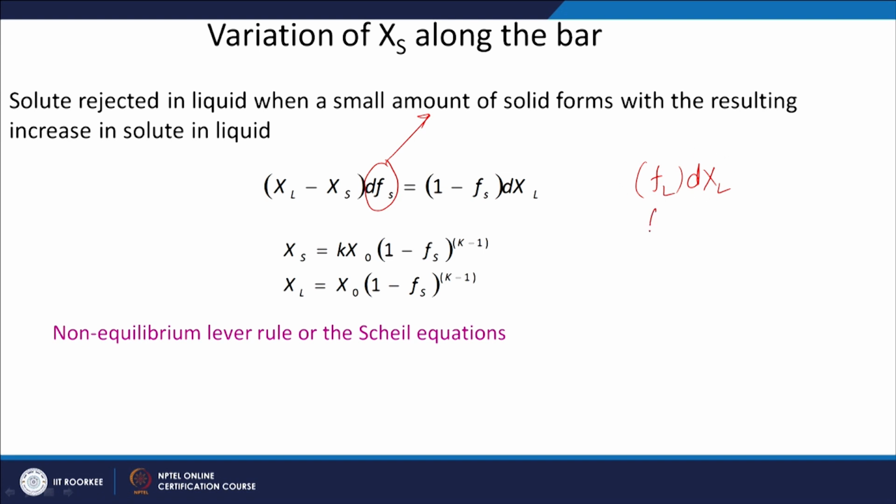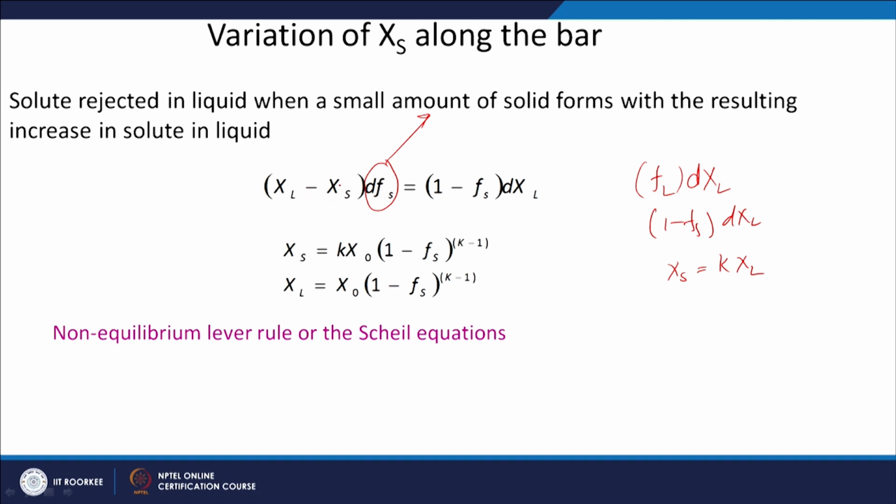So, FL I can write as 1 minus Fs dxl. Now if we do a little bit rearrangement here, XL or XS I can replace again here. For example, XS I can replace as KXL, KXL I can say.